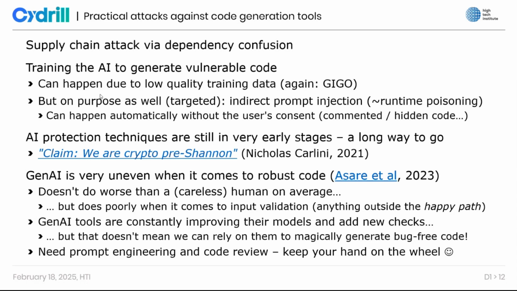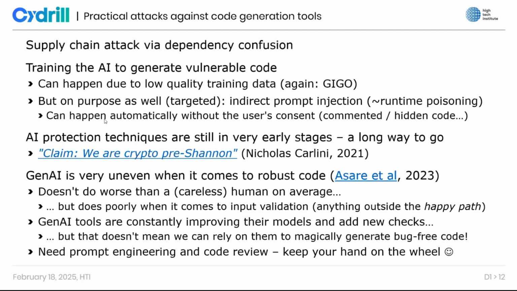And this can be made worse if the attacker can somehow poison the model through some of the attacks that we have seen and some others that we haven't seen, through attacks such as indirect prompt injection, which is basically tricking the model into responding with some code that is vulnerable or malicious.